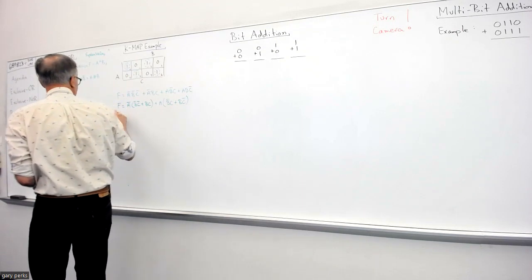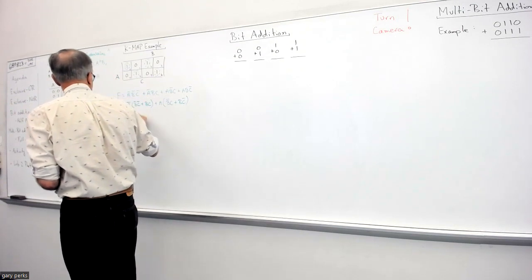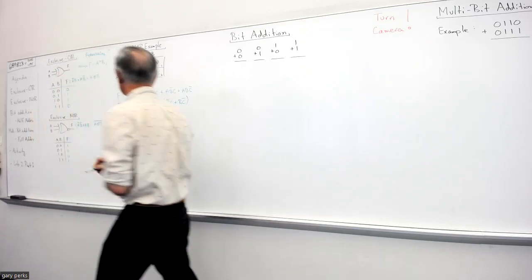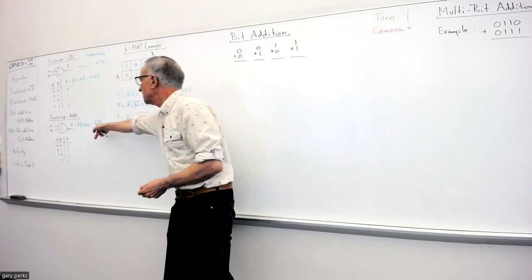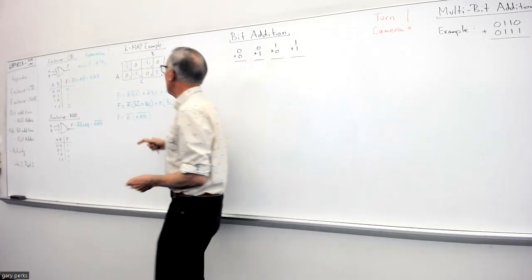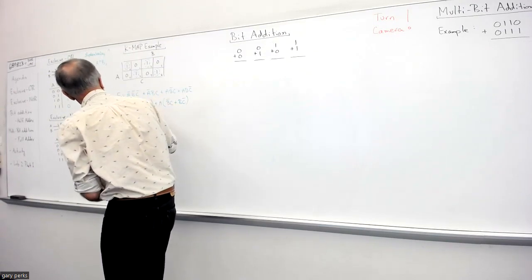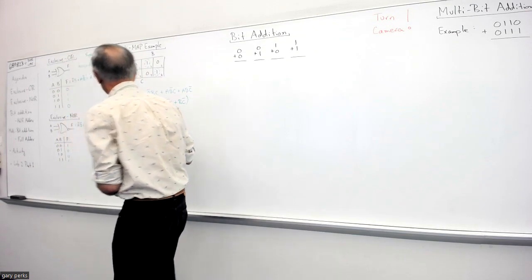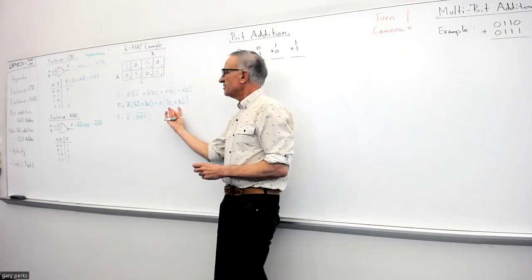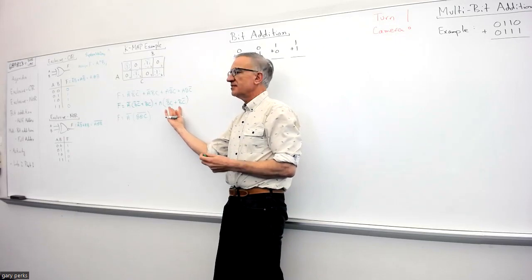So I can write this as an exclusive or. Now, how about here? It's an exclusive nor with bean.